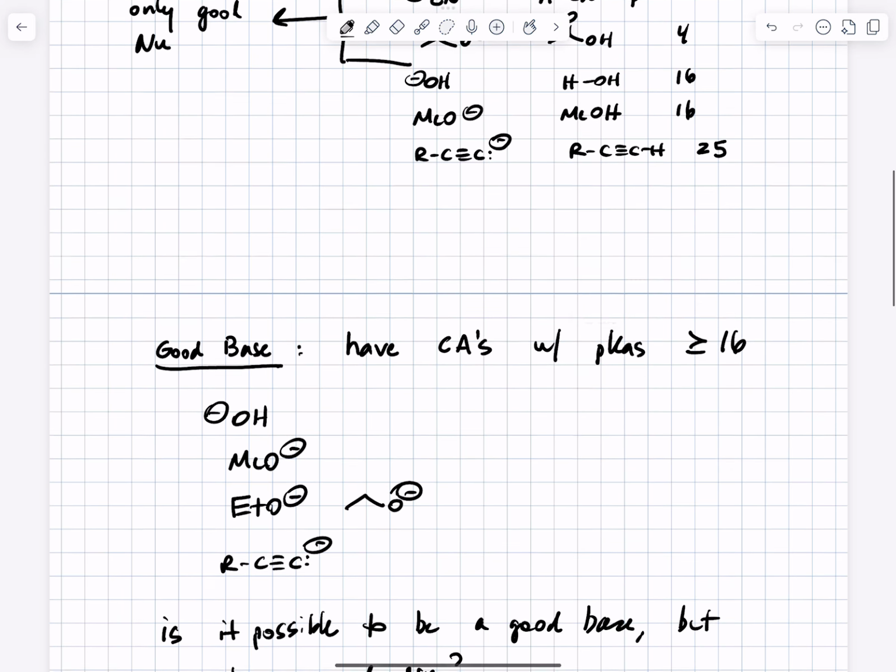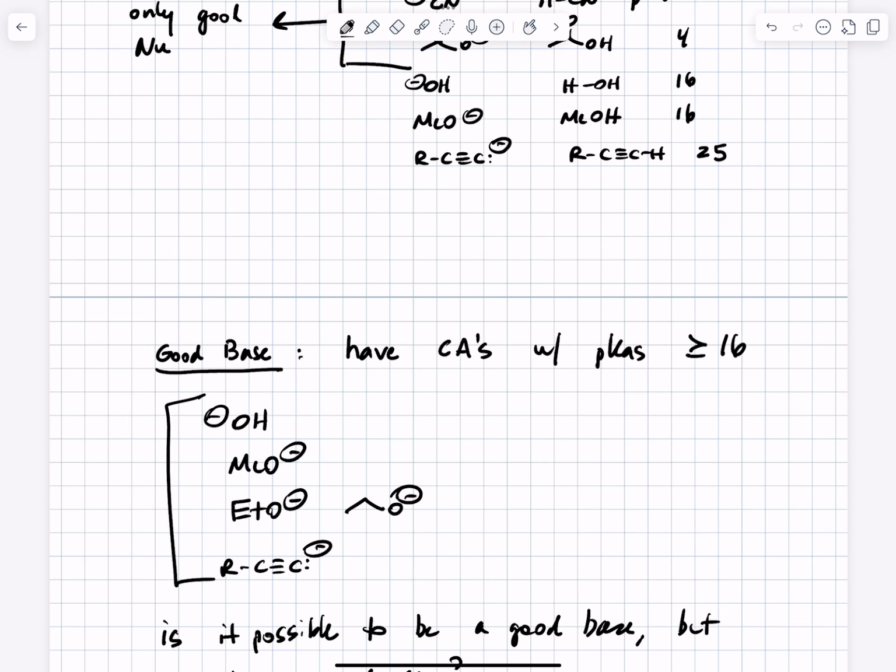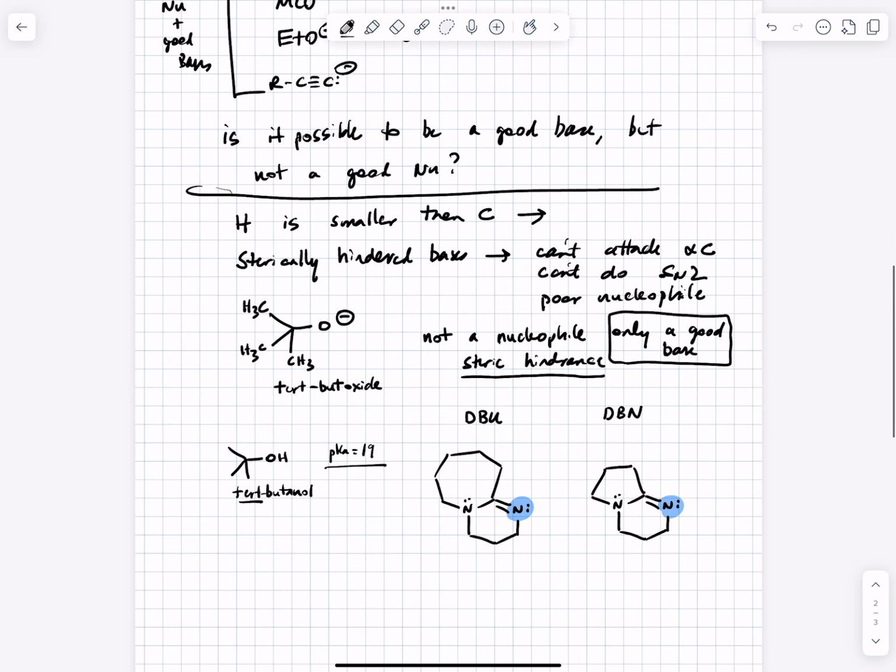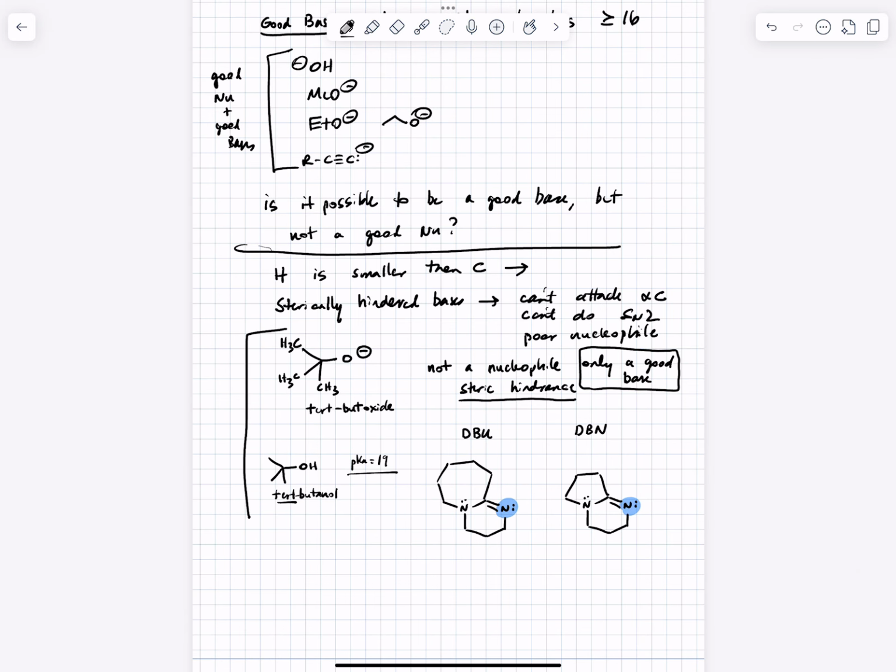In the range of 16 and higher, you're going to have things that are both good nucleophiles and good bases. And we're going to forget about pKa when talking about things that are only good bases because of sterics.